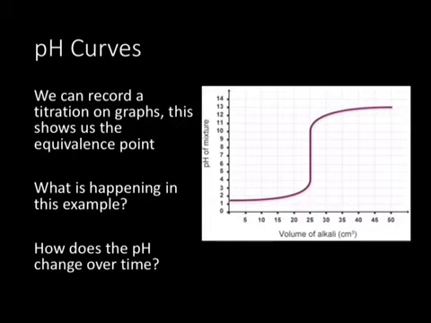In our example, we are adding an alkali to an acid. We start off at a very, very low pH, and as we can see, this gradually increases until we reach a volume added of 25 centimeters cubed. At 25 centimeters cubed, the acid gets neutralized and the pH drastically increases. Past this point, we now have an alkaline solution.